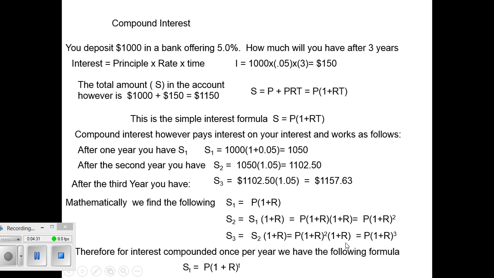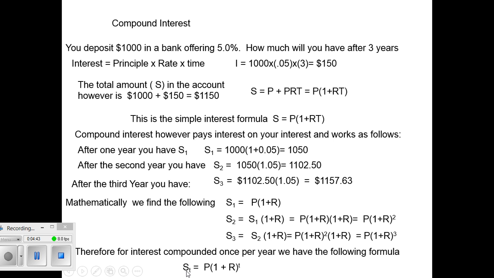If we generalize this, our compound interest formula is as stated here. The amount that you have in your account after T years is principal times 1 plus the rate to the power T. Let's look at some example problems.